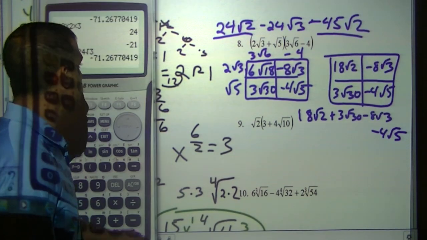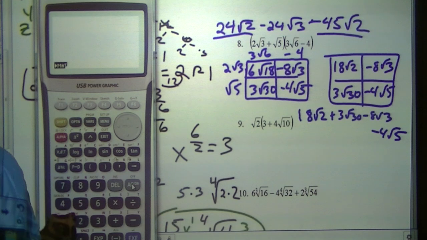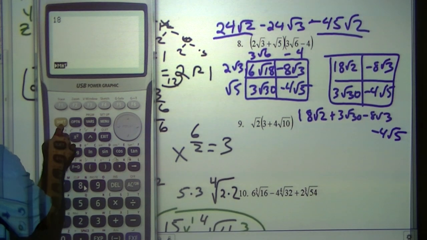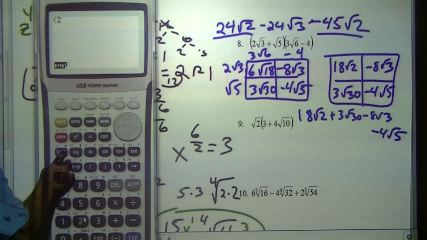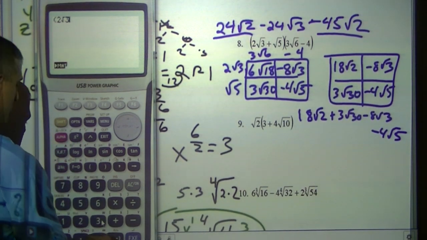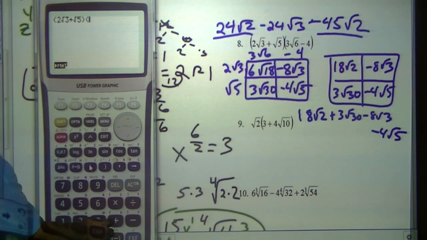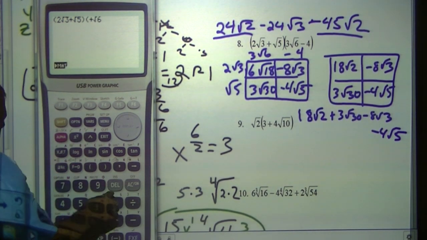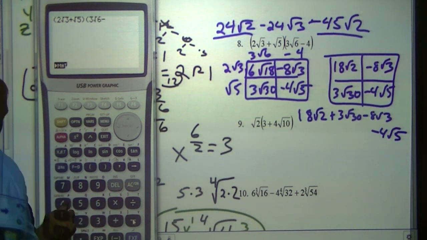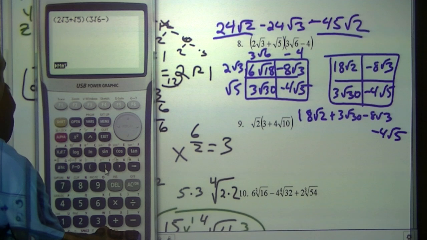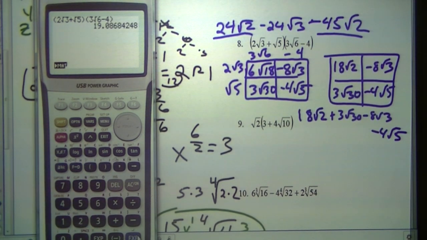Now, could I check to see if I was correct there? Sure. Let's go back and do my original. I got 2 square root of 3 plus square root of 5 times 3 square root of 6 minus 4, and I get 19.08.